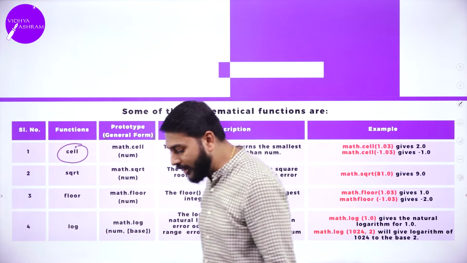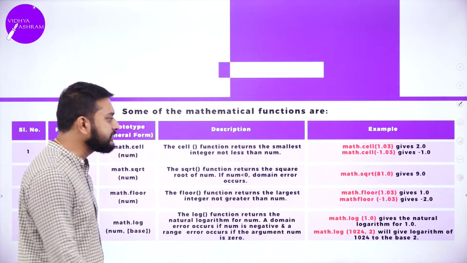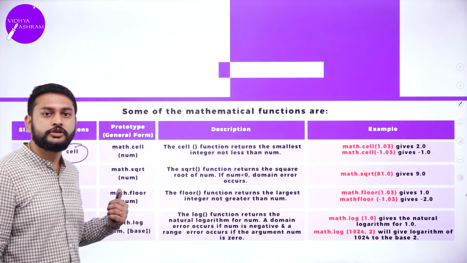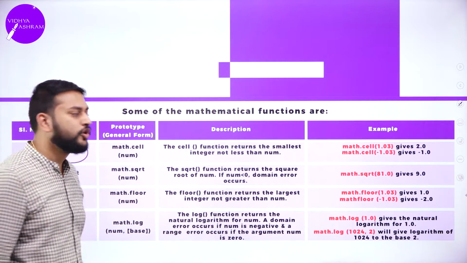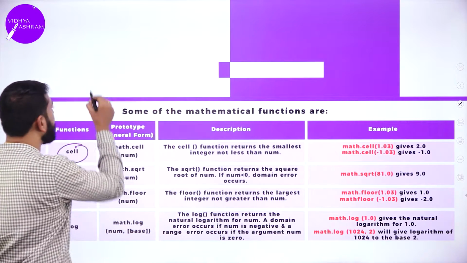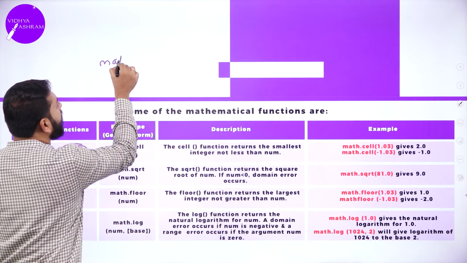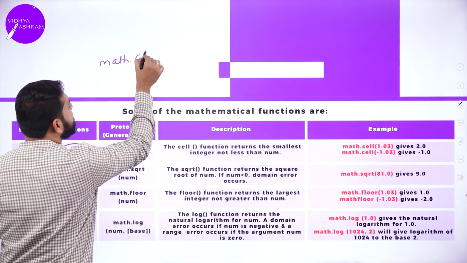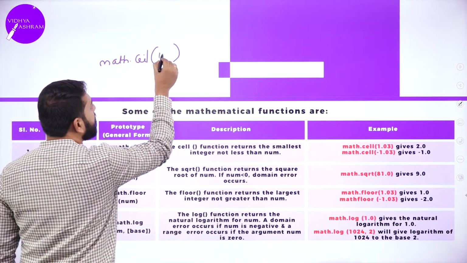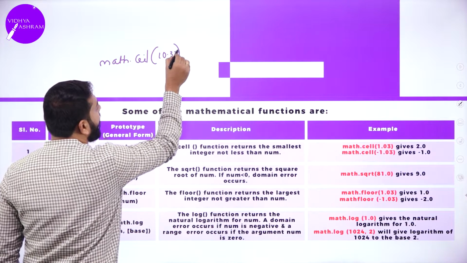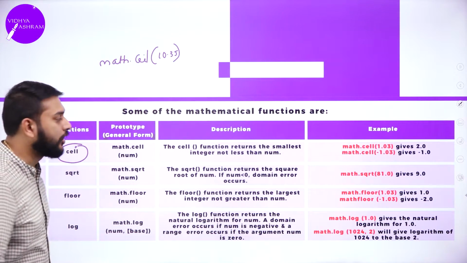Can you all tell me? Guys, I use this function to round up values. For example, how do I use it? Please look here: math.ceil. Whatever value you pass here, say 10.35, it will round up. So what will be my result?